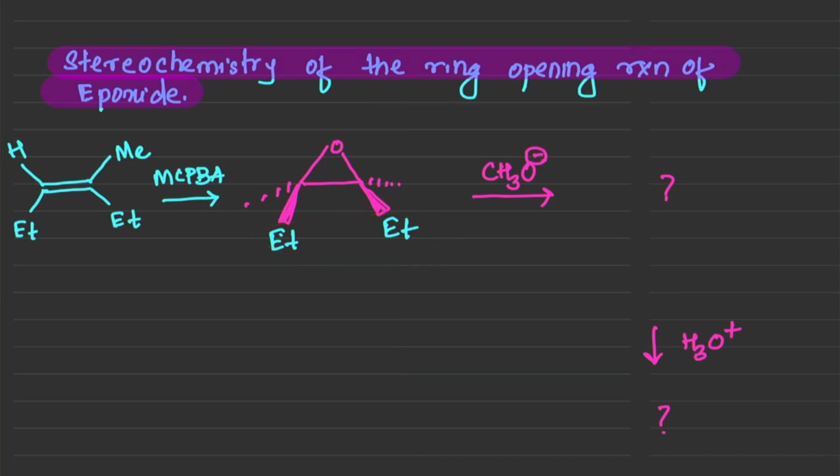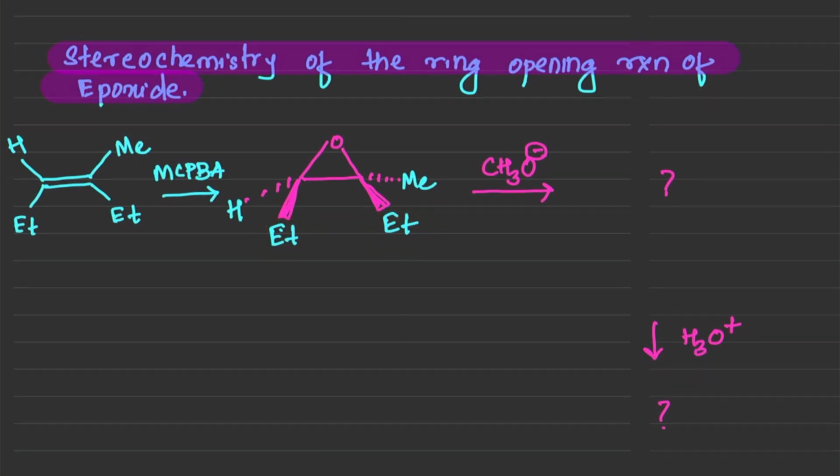Okay, and that leaves my hydrogens on the dash, and my methyl group is on the dash. So the methyl group and hydrogen were on the same side of the double bond, so I kept both of these on the same side. Dash means going back away from the plane of the paper that you're writing on, in this case the iPad.